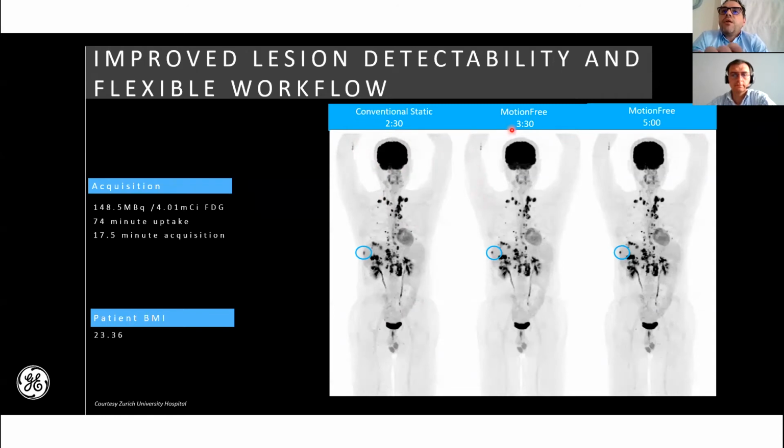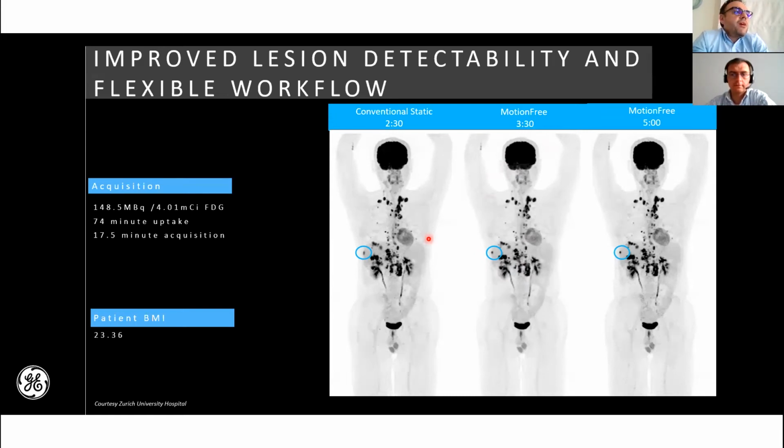In the middle we have motion free applied with 1 minute more time in the bed where the motion has been detected. And on the extreme right image, we have motion free with 2.5 minutes extra time where motion is detected.